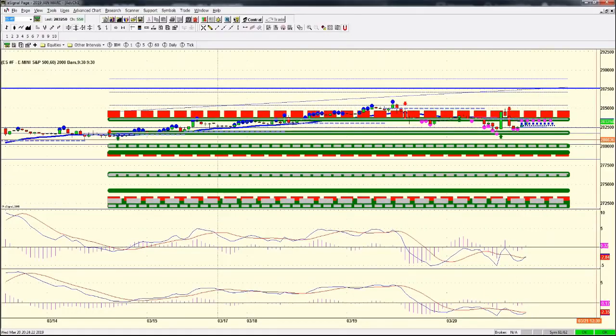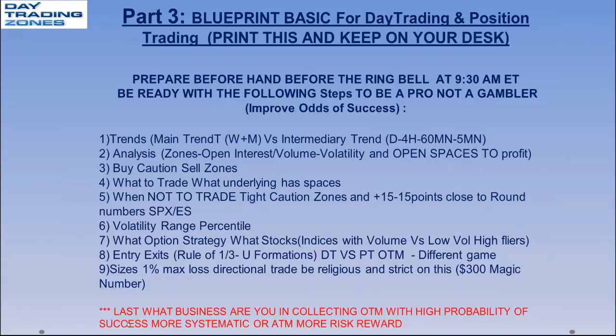Now, in the steps, everybody, you also need to understand what to trade and what not to trade, and understand the type of caution zone ranges that you're looking for. Typically, an ES caution zone is going to be about 10 to 15 points. If you go over 15 points on a box on the ES, you are too wide.